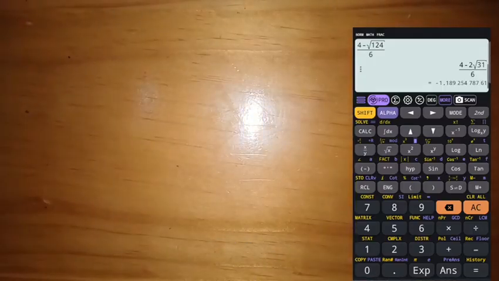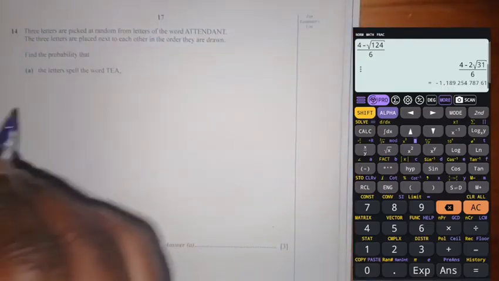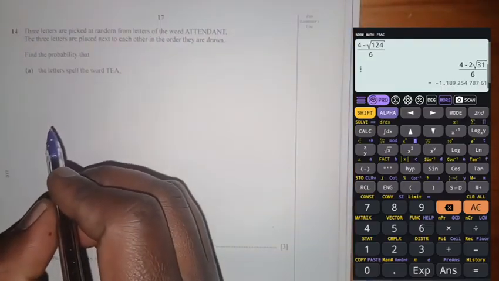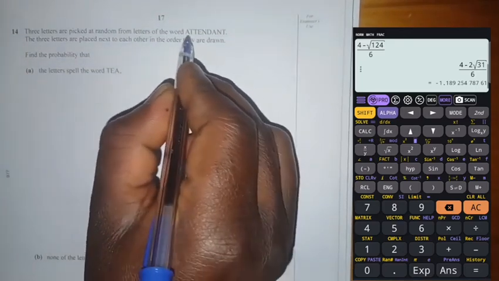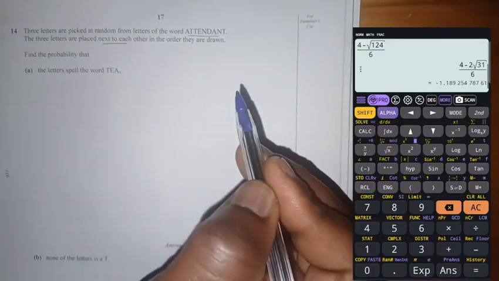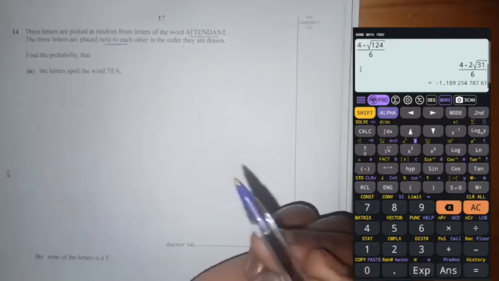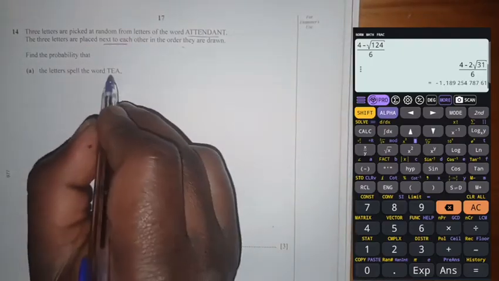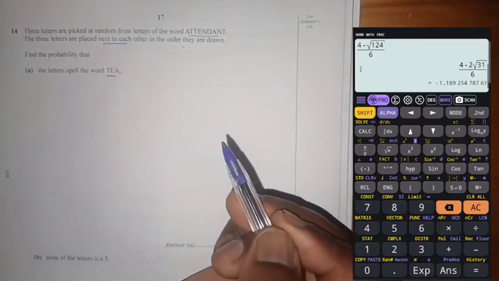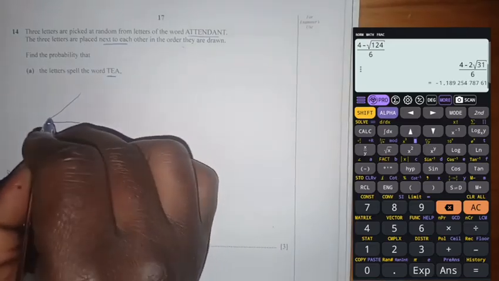Probability. Once again, 3 letters are picked at random from the letters of the word attendant. The 3 letters are placed next to each other in the order they are thrown. Now find the probability that these letters are going to spell TEA. So basically, let's treat this thing as a tree diagram. It's going to be a lot.